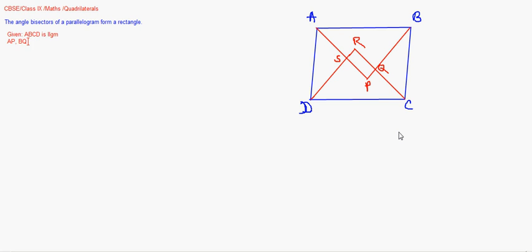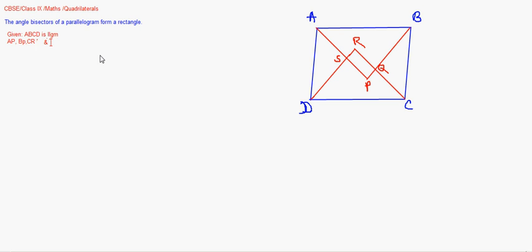AP and BP, then CR and DR are bisectors. Oh, I'm making a few mistakes in the spelling here. Kindly ignore them when I'm writing.